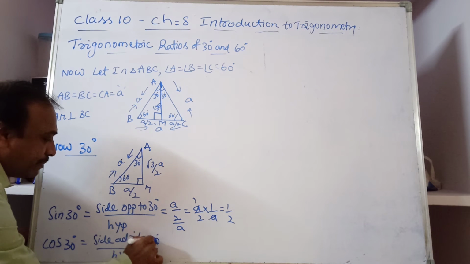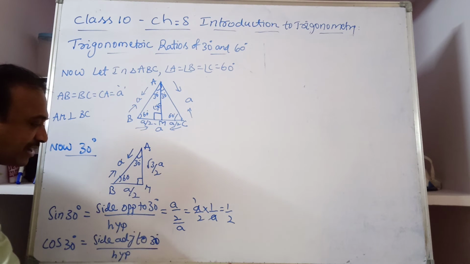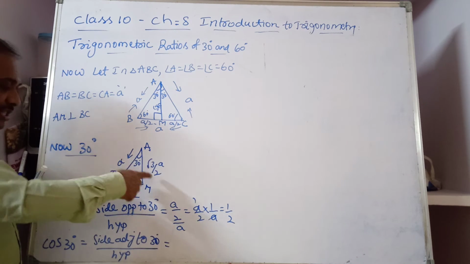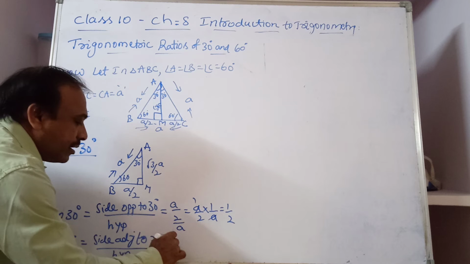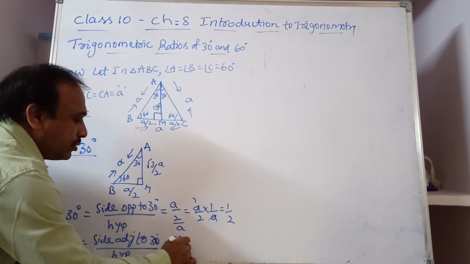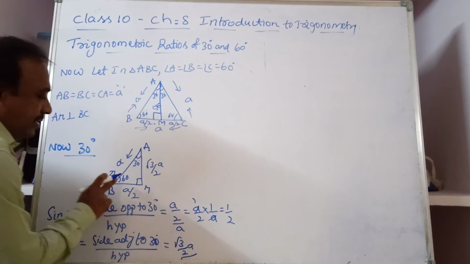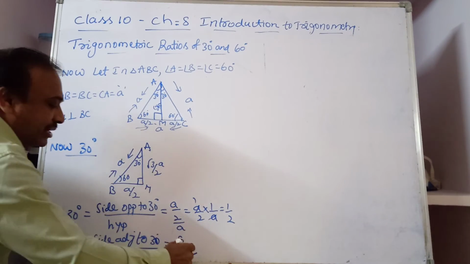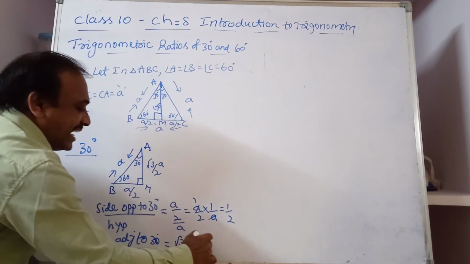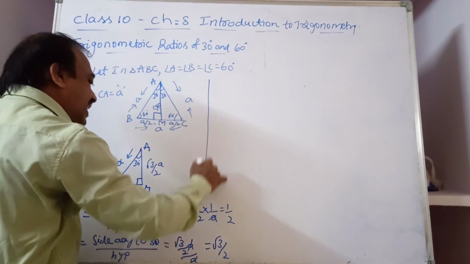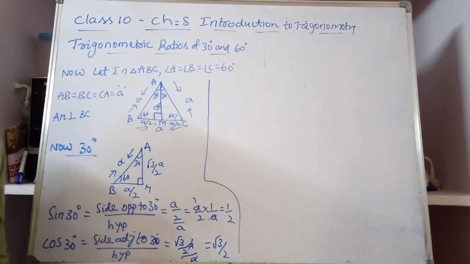The side adjacent to 30 degrees is root 3 by 2A, divided by the hypotenuse A. A gets cancelled, which is equal to root 3 by 2. So here we calculated for sin and cos.